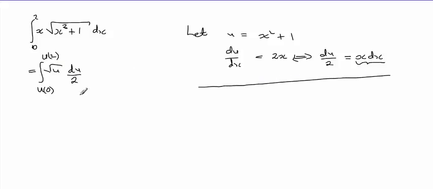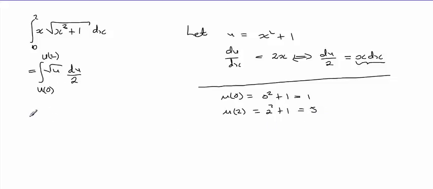So we can do the following calculation. u at 0 gives us 0 squared plus 1, which equals 1. And u at 2 is 2 squared plus 1, which gives us 5.